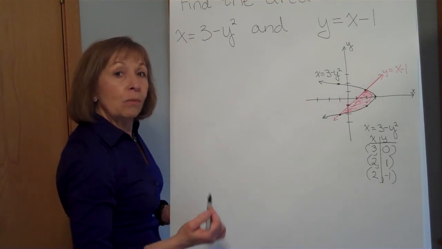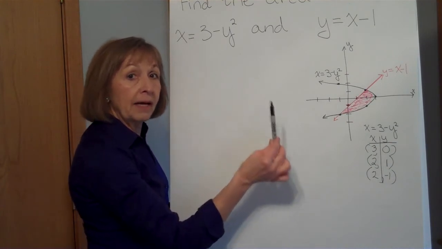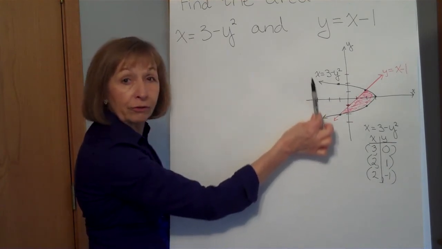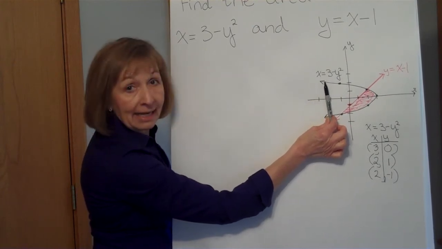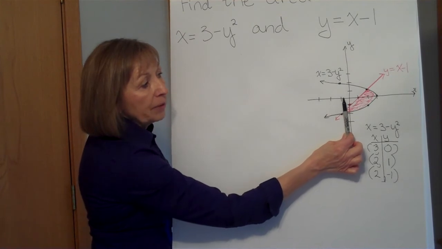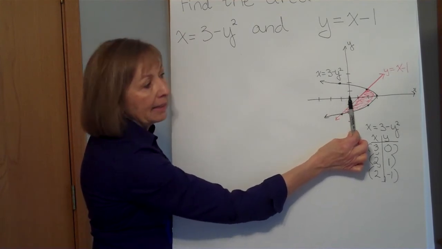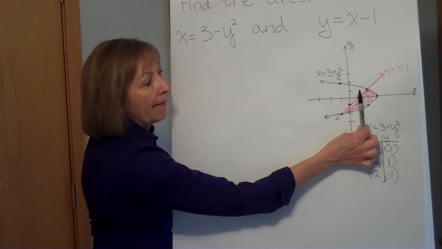When I look to see what the best way to do the integration would be, if I hold my subrectangles vertically, so that it would be with the differential dx, as I scan from left to right across the interval, at first the pink line is on the top of the region and the black parabola is on the bottom.